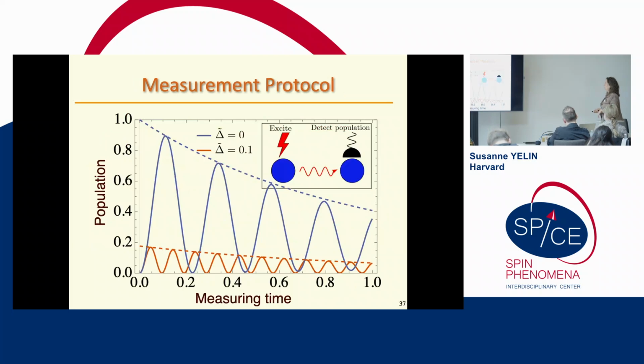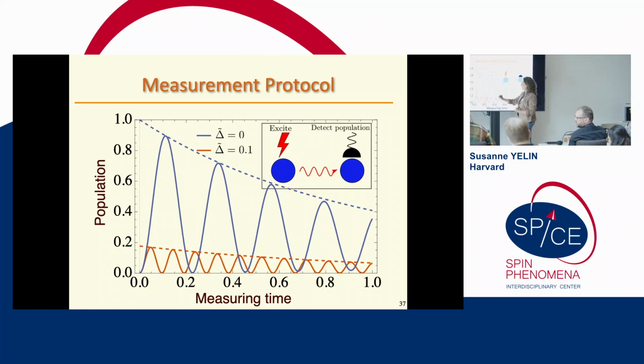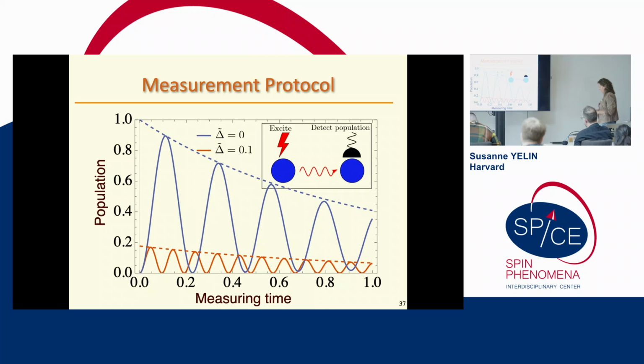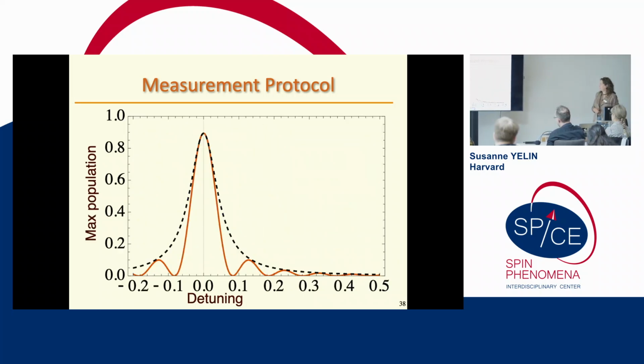We can also calculate the variance, and here is basically the same picture again, but we only look at the detection. If we are not perfect, of course, eventually the oscillations go down, but the oscillation with the detuning looks very different from the oscillation without the detuning. Not only do they become much smaller, they also become much faster. That could also be something that can be detected.